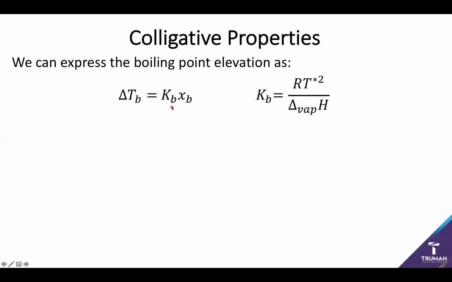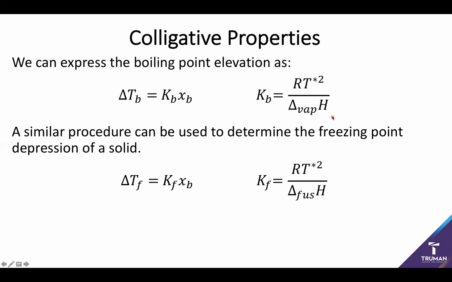So again, this is a quite useful way to look at the mole fraction of the solute in terms of things that can be measured from the solvent alone. So again, its new boiling point, its old or pure boiling point, and its enthalpy of vaporization. It's also worth noting that you can do a very similar procedure using the freezing point, because as the boiling point goes up, the freezing point is essentially going to decrease.